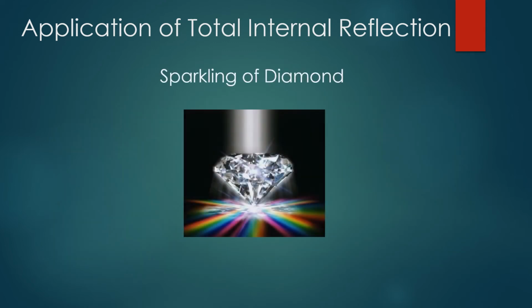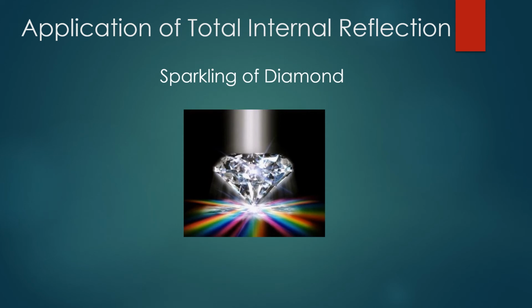Next is sparkling of diamond. You all know how diamond shines when a light falls on it. Let us understand how total internal reflection helps the diamond to shine. The refractive index of diamond is 2.42 and the critical angle is 24 degree.